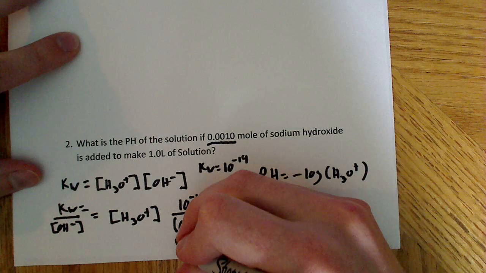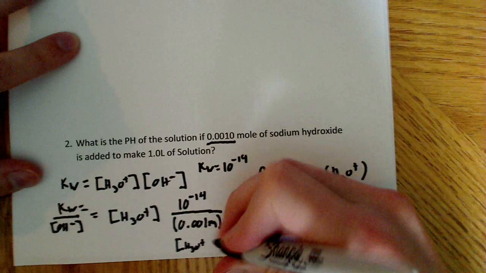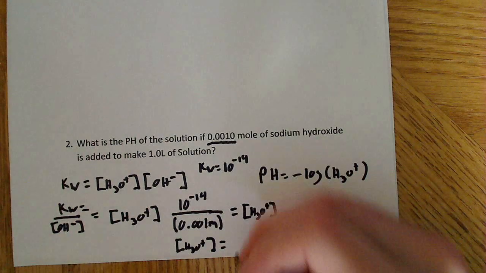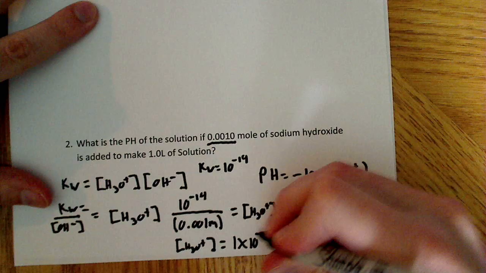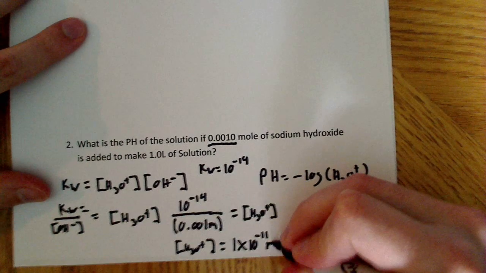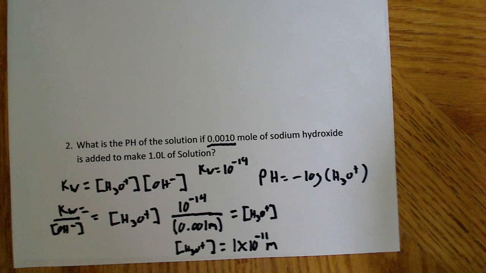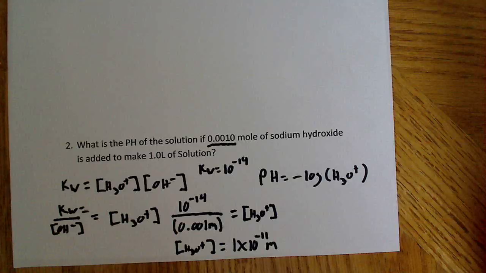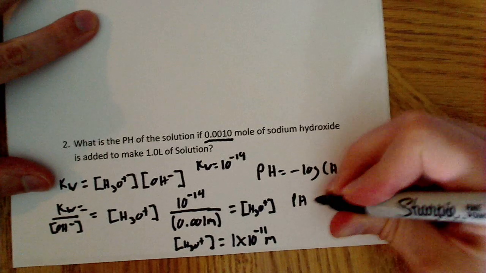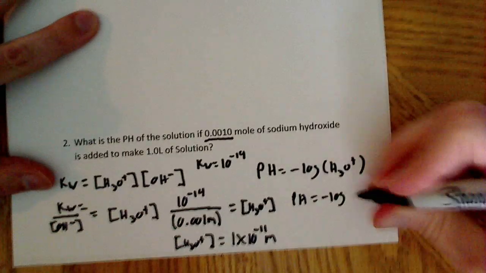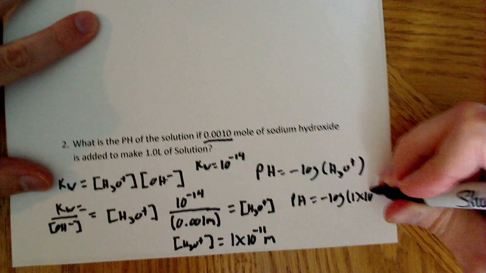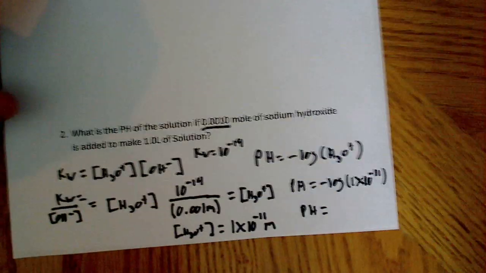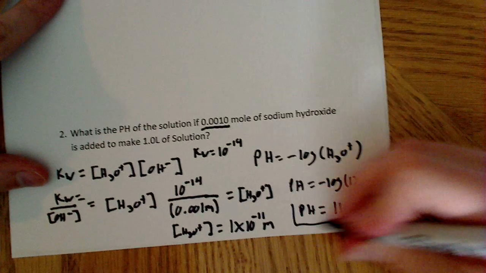If you plug that into your calculator, you'll find that the concentration of H3O+ is equal to 1 times 10 to the negative 11. Once you have that, you can plug it into the pH equation. So the pH is equal to the negative log of 1 times 10 to the negative 11. So the pH for this 1 liter solution is 11.